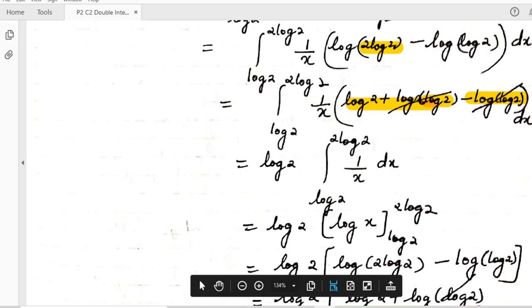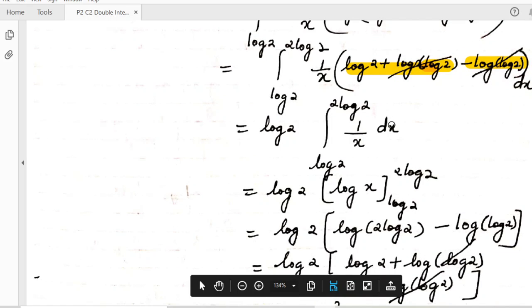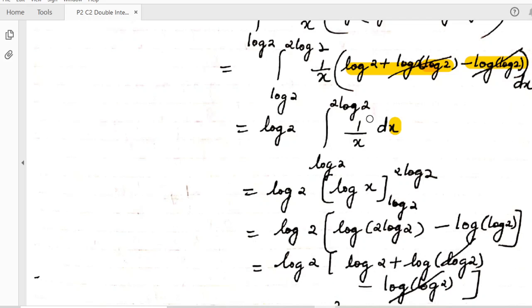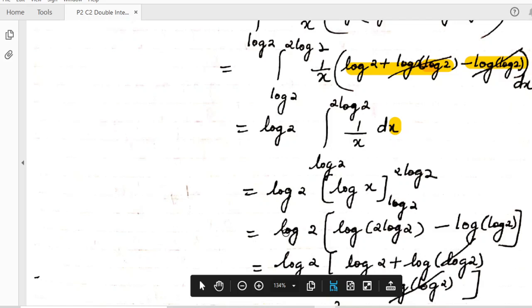So now in the next step we will integrate this term with respect to x. So log 2 into integral 1 by x is log x. Limits are from log 2 to 2 log 2. Now we put the upper limit minus lower limit. So we get log 2 into log of 2 log 2 minus log of log 2.